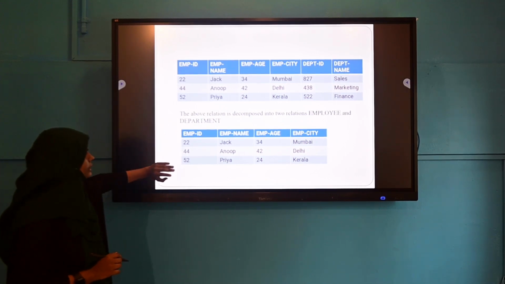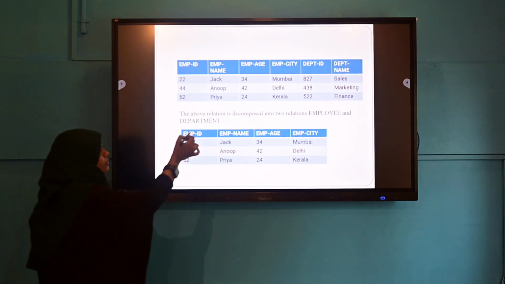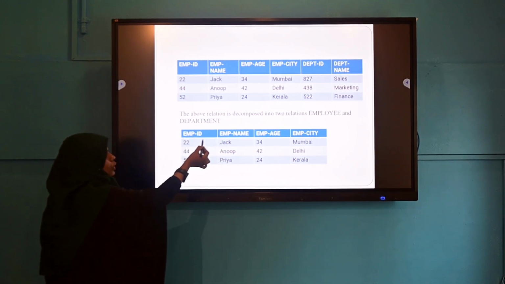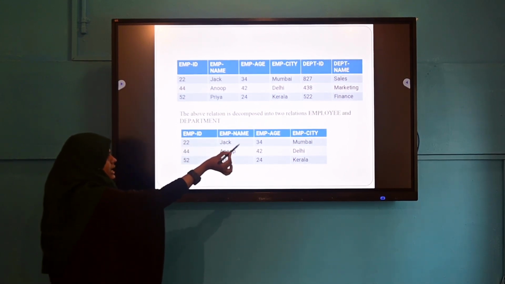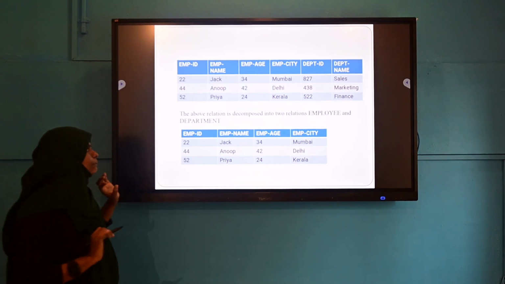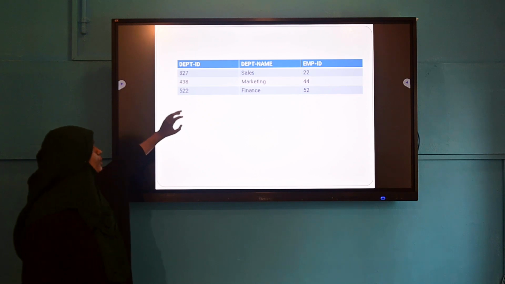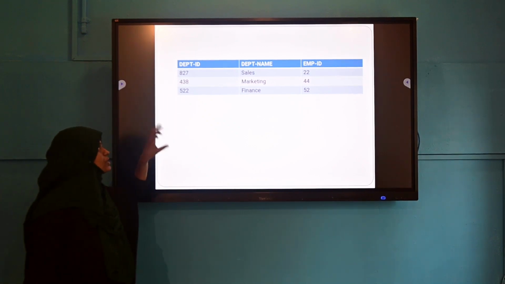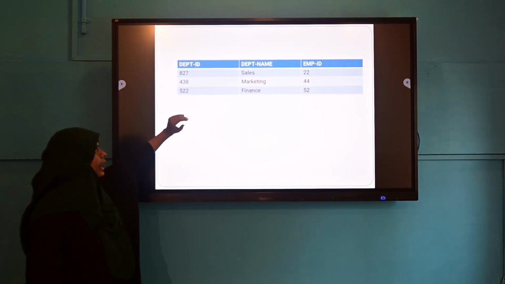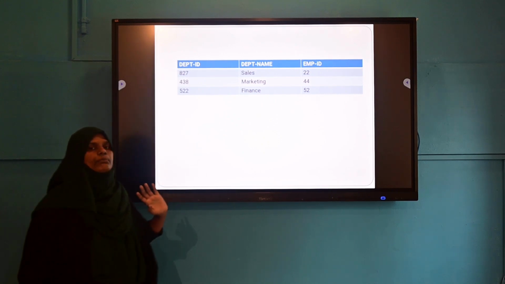So here we decomposed like this. We will take 4 attributes: employee ID, employee name, employee age and employee city for the employee table. And for the department table, we will have 3 attributes: department ID, department name and employee ID.